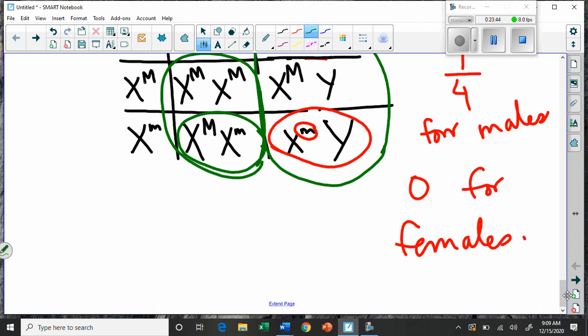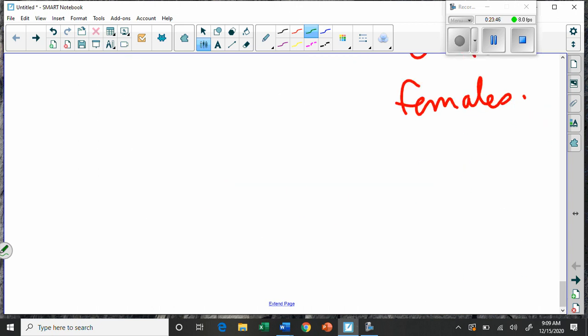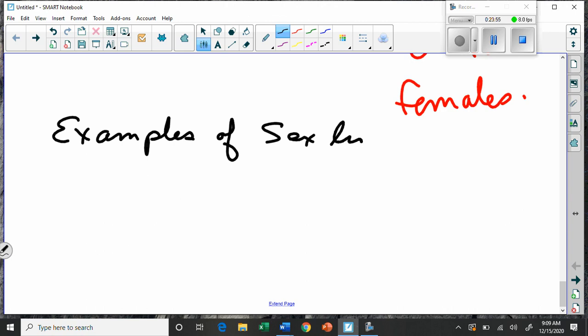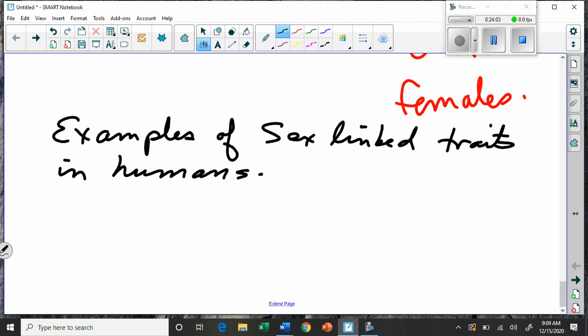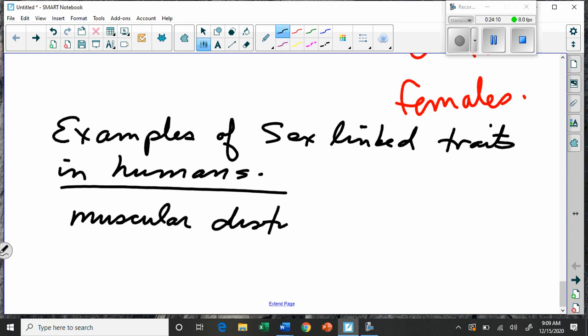There are all kinds of sex-linked examples. Here are some of the more famous examples of sex-linked traits in humans. Well, we've already seen that muscular dystrophy is one, and it's linked to the X chromosome. It's also possible to have something linked to the Y chromosome.